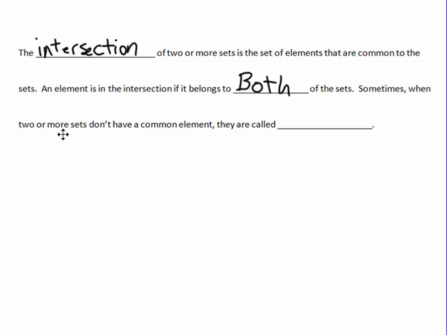Sometimes, when two or more sets don't have a common element, they are called disjoint. This is a pretty crazy math word here. Disjoint means they have absolutely nothing in common.